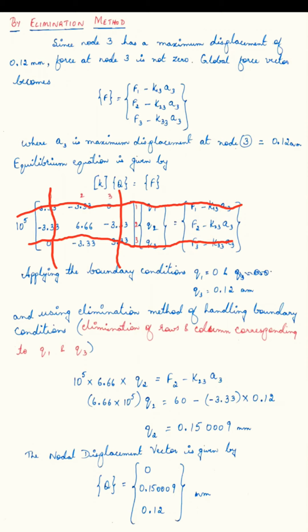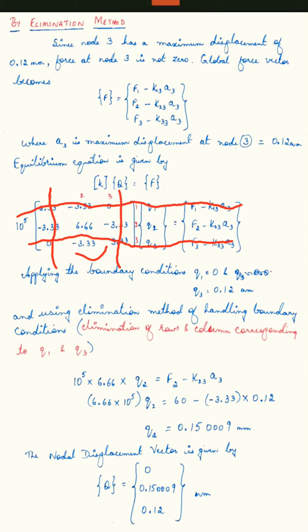So what is the value of k23? K23 is nothing but the element in the global stiffness matrix corresponding to second column third row. So second column third row, the element is, if you observe here, minus 3.33.